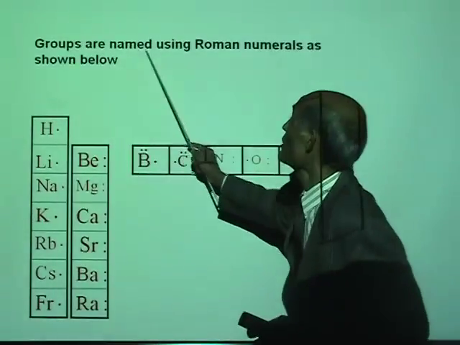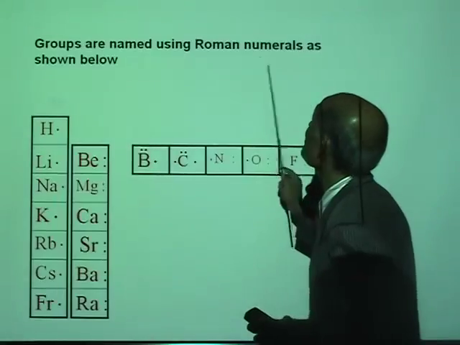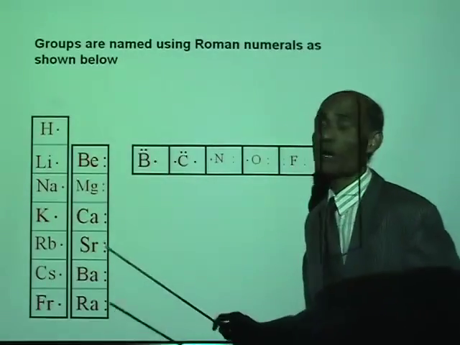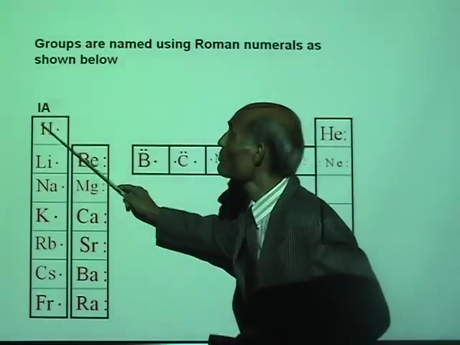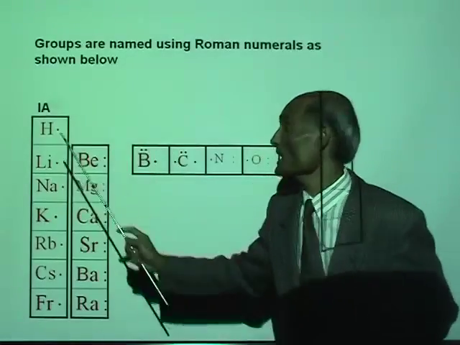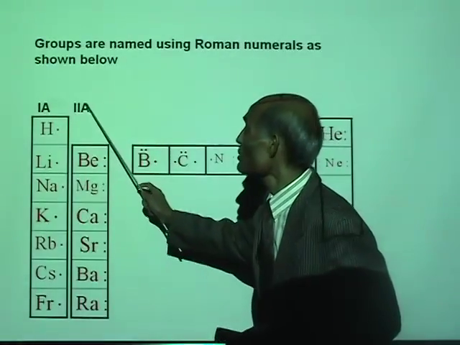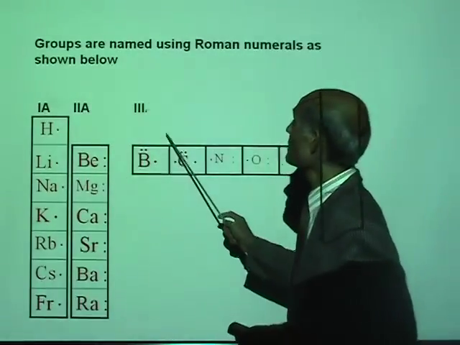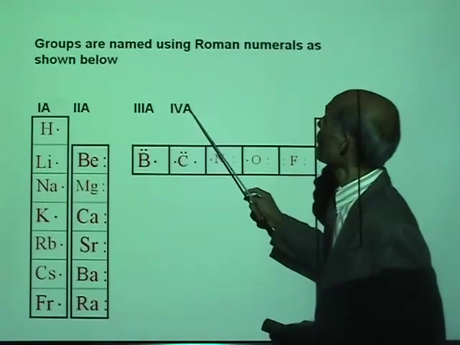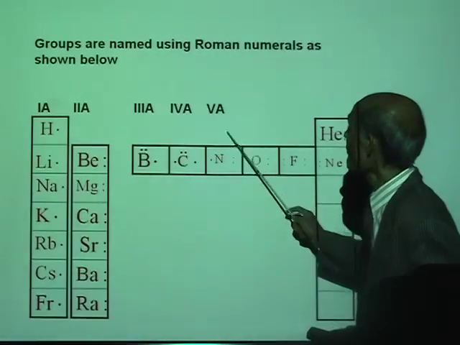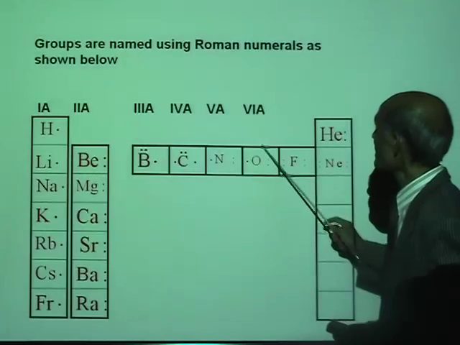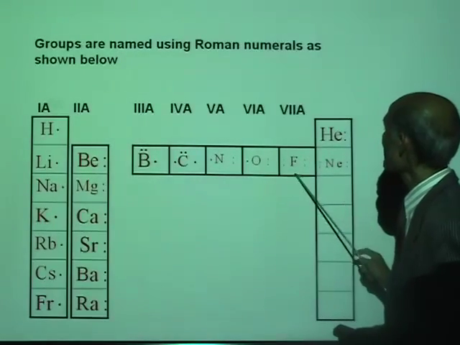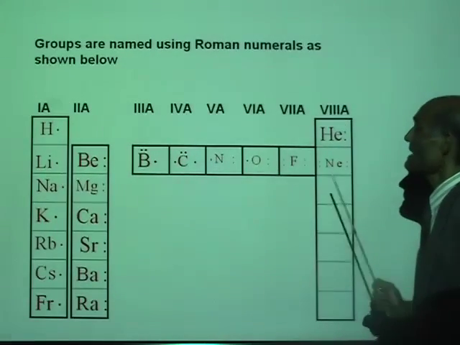Now, groups are named using Roman numerals as shown below. So, the first group is called 1A. The second group is called 2A, 3A, 4A, 5A, 6A, 7A, 8A.